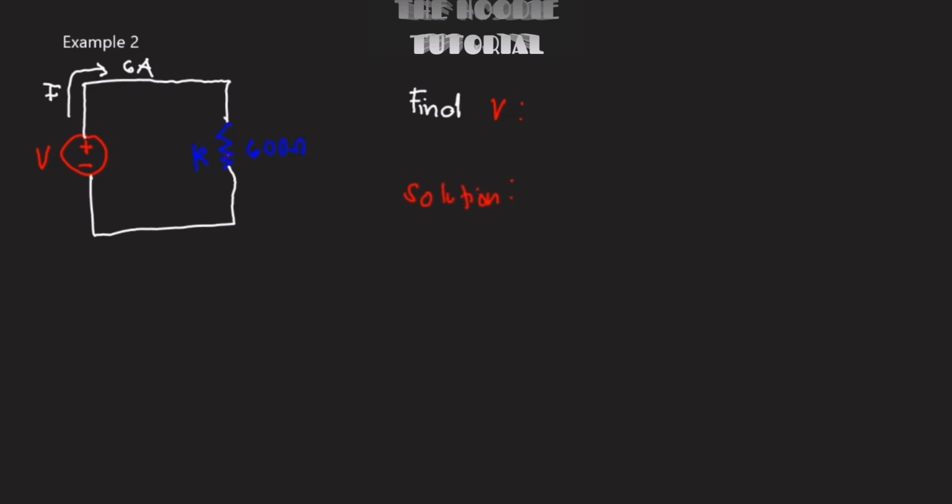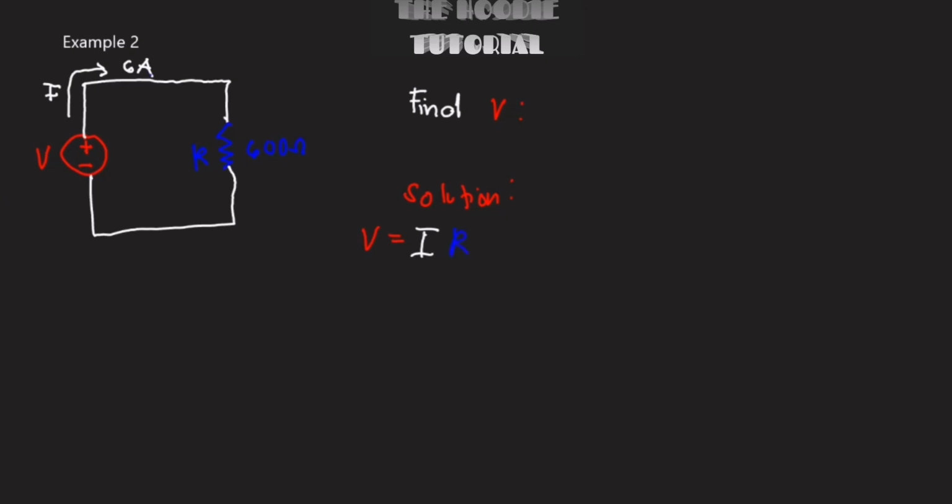Based on what we discussed lately, voltage is equal to the current multiplied by the resistance of the circuit.